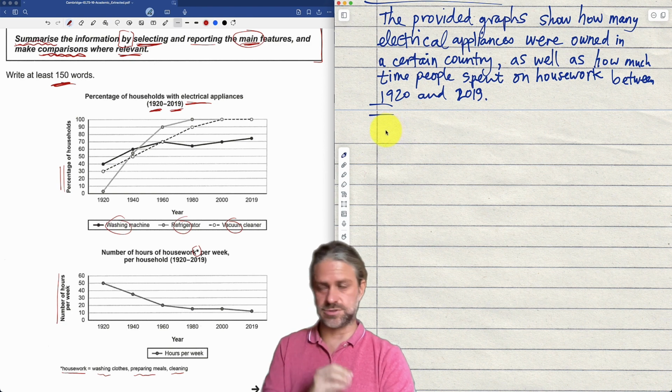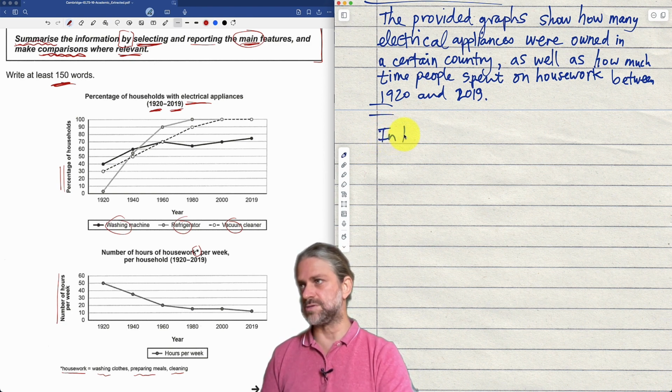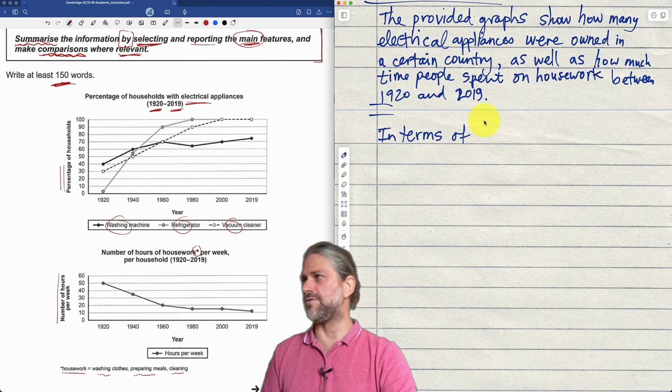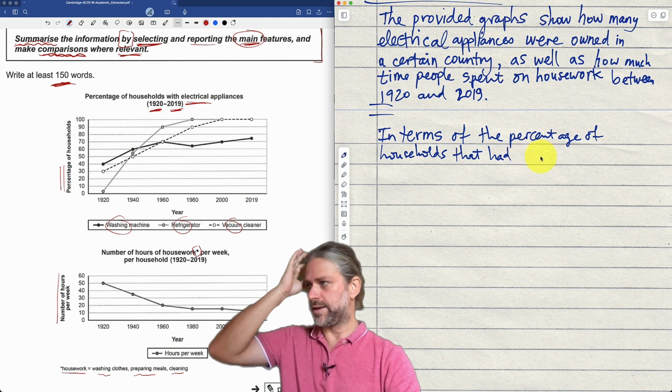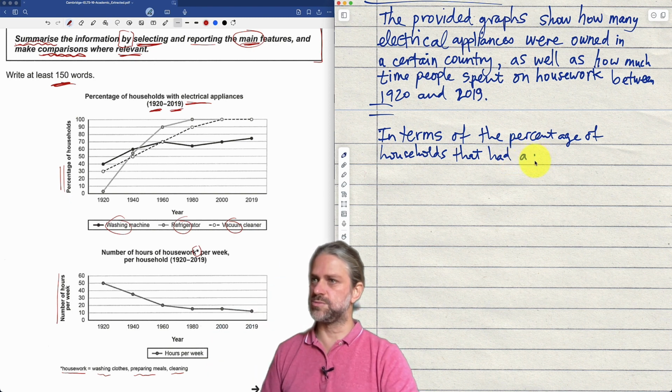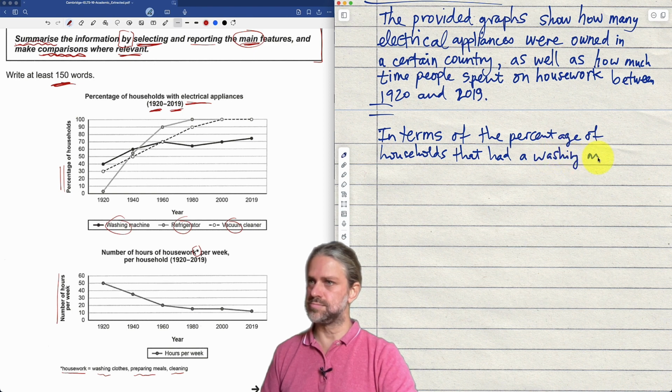So what's graph number one showing? It's showing the percentage of households. So in terms of, this means I'm focusing on this thing I'm going to say, in terms of the percentage of households that had a washing machine, refrigerator, and vacuum cleaner.